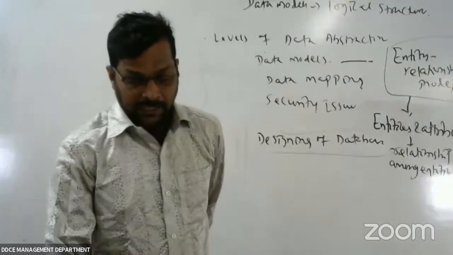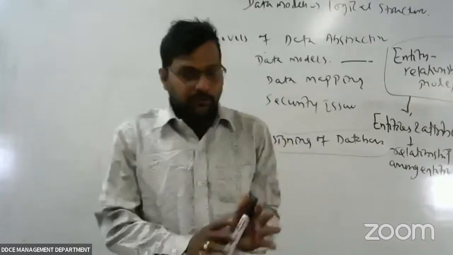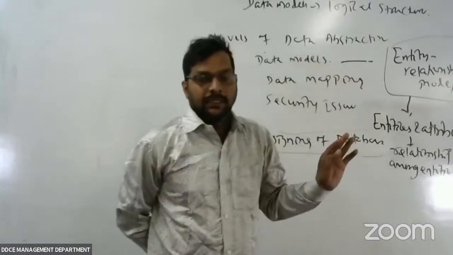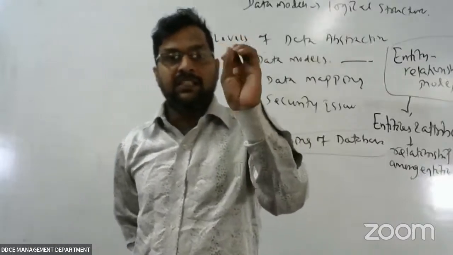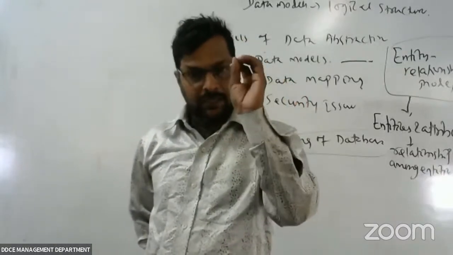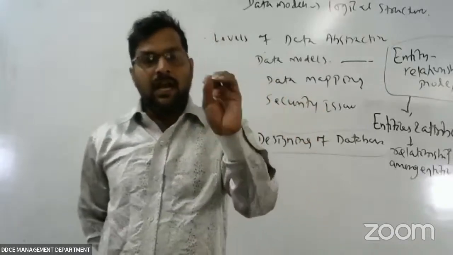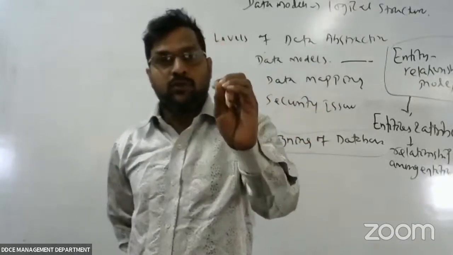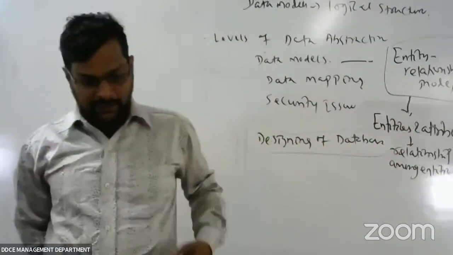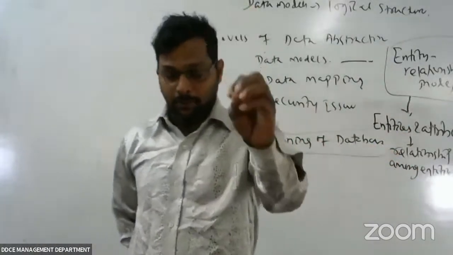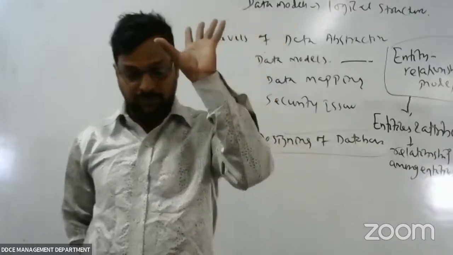So it is a long question. First we have to define what is an entity. An entity in an ER model is a real world object having properties. Those objects having properties are called entities, and the properties are called attributes.